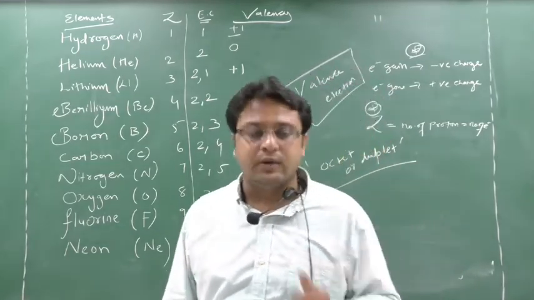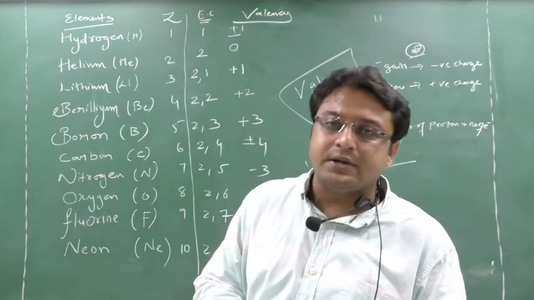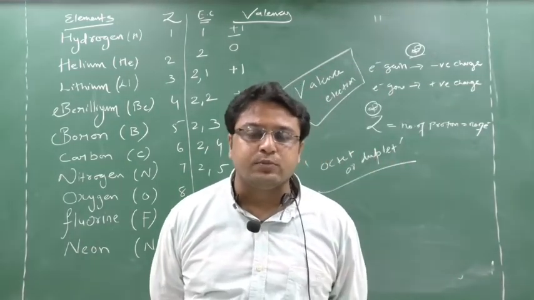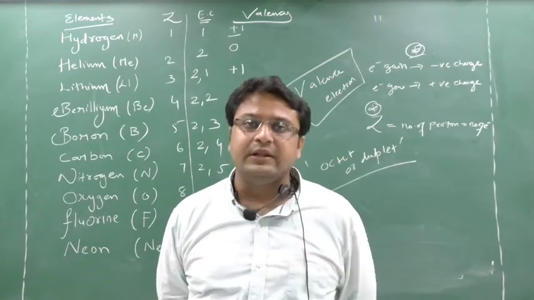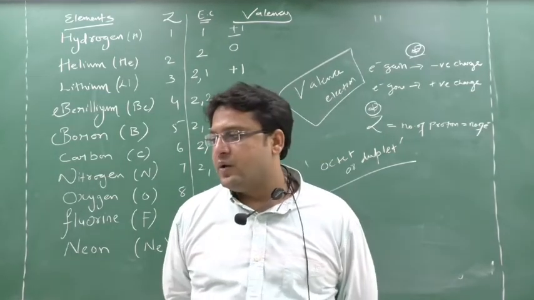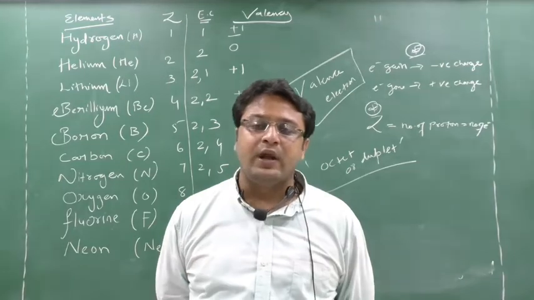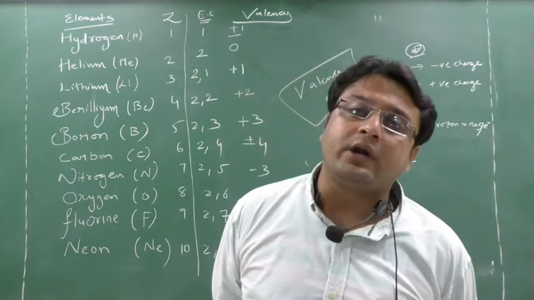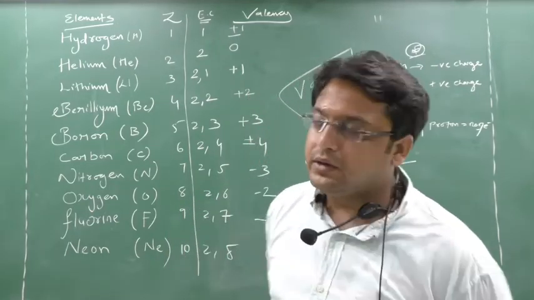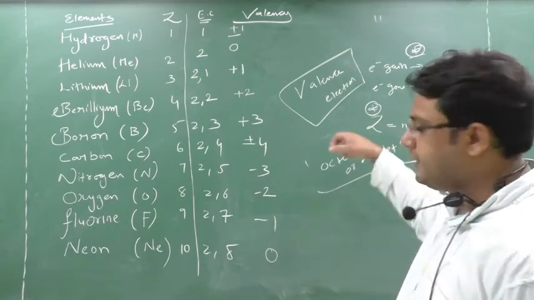Please make a note here. Write down. Valence electrons are the electrons which are present in the outermost orbit. Clear? Okay. Valency. Write down valency. Valency means the number of electrons required to complete an octet or duplet.